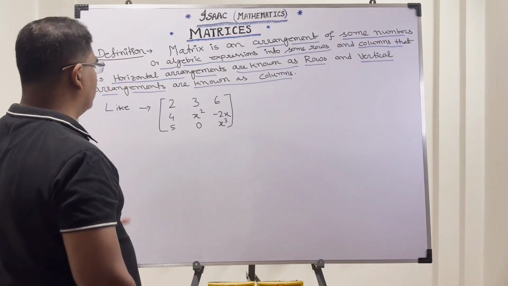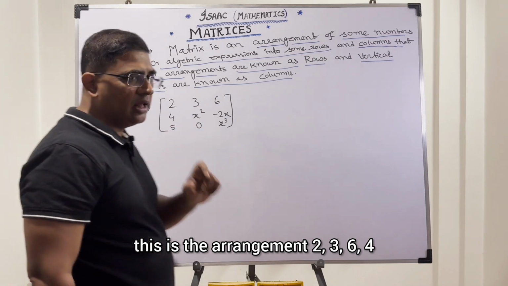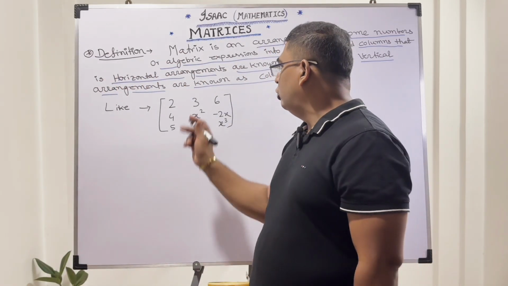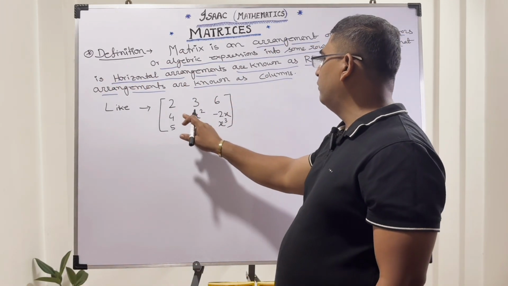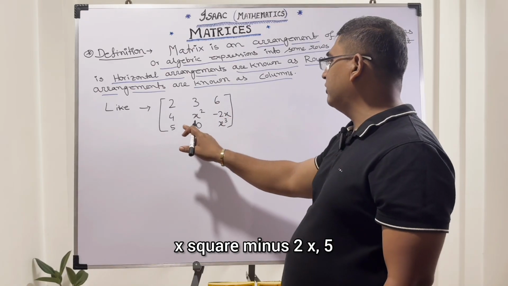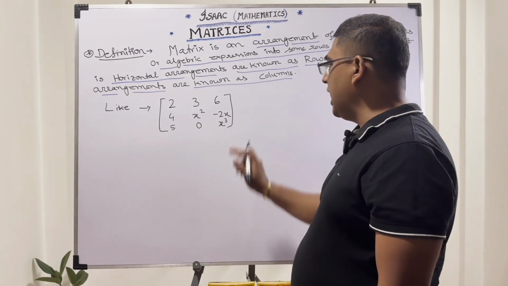So this is the arrangement of 2, 3, 6, 4, x square minus 2x, 5, 0 and x cube.